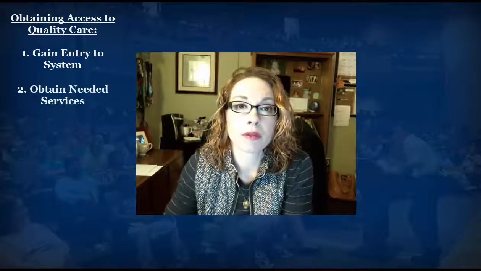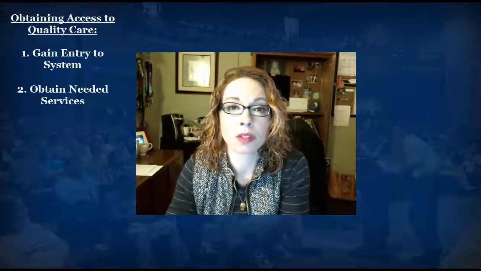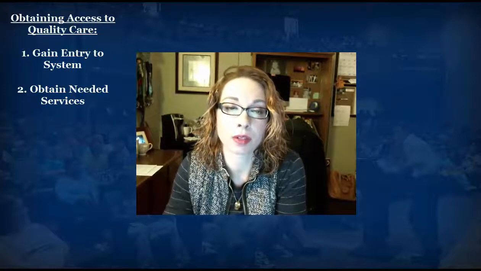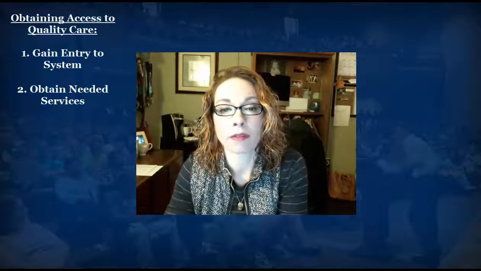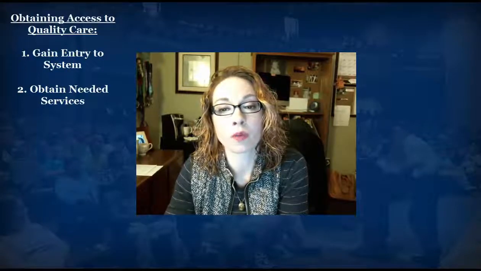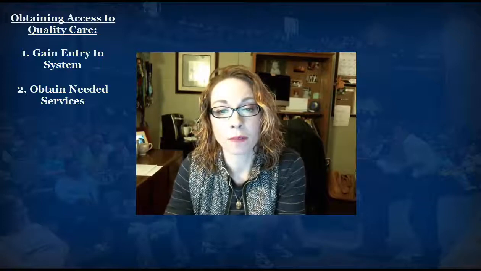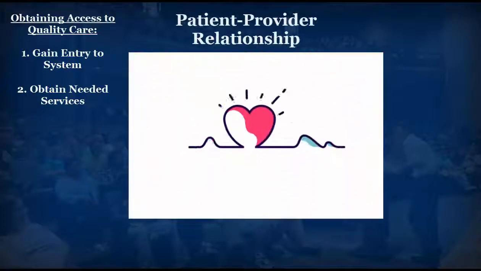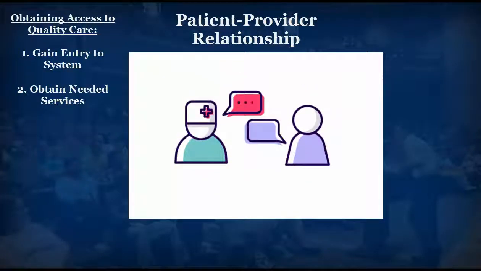Now, the third and final step that the IOM states that all individuals must go through, once we've gained entry, once we've gained access to the particular site of care that we need, now we need to focus in on finding a provider that can really work to meet the needs of us as an individual patient, and with whom we can, as a patient, really start to develop a relationship that's based on mutual communication and trust.